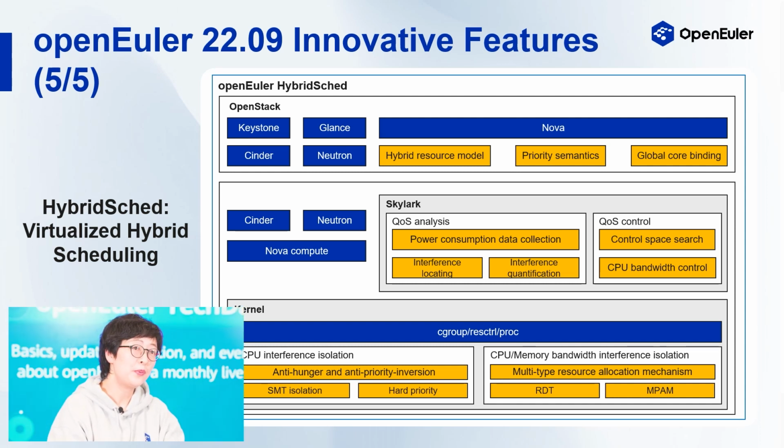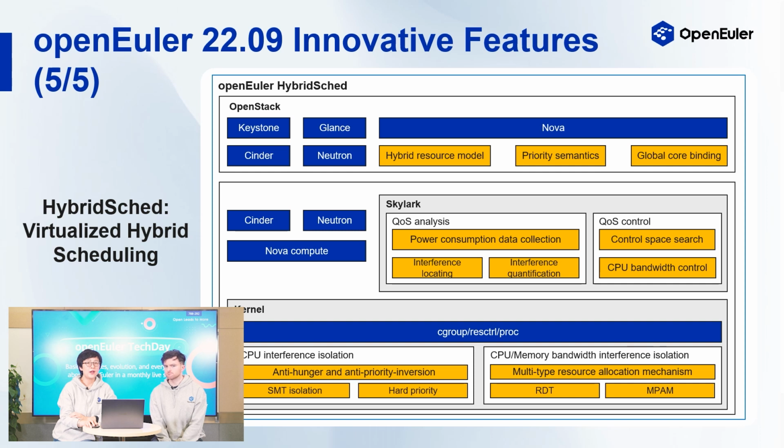Another component in HybridSKET is OpenStack Nova, a controller used for enhanced cluster scheduling. OpenStack Nova supports priority-based semantic scheduling and slashes the power consumption across the whole system by limiting the CPU bandwidth of low-priority VMs, which further helps ensure the QoS of high-priority VMs.